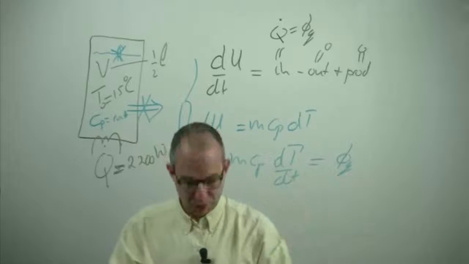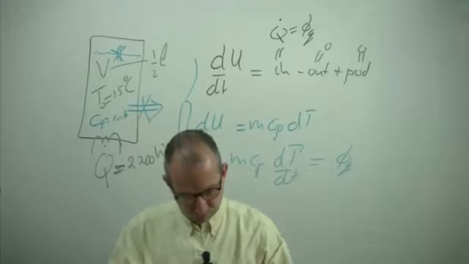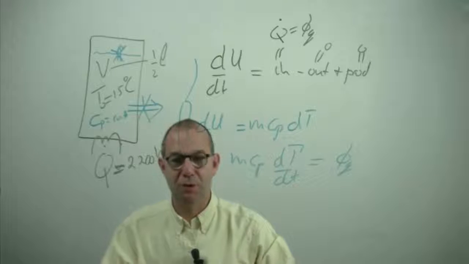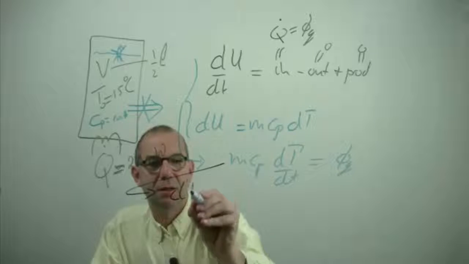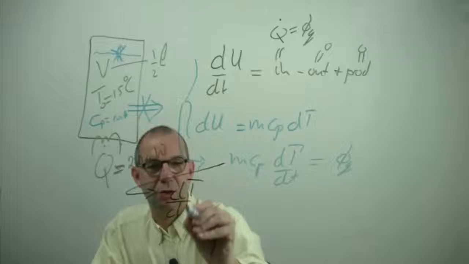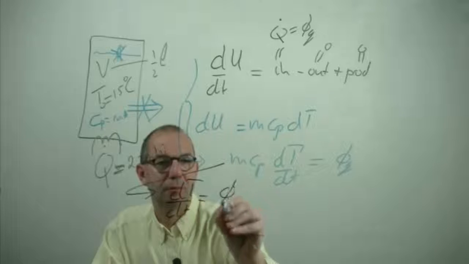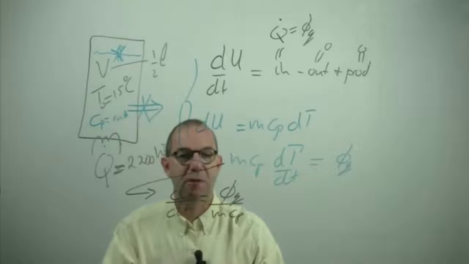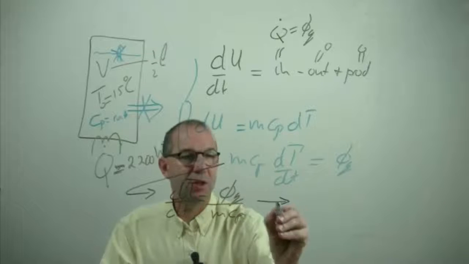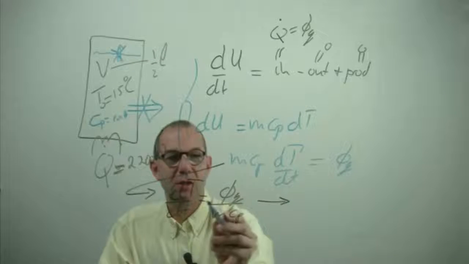This can be brought to the other side, so I can turn this into a straightforward differential equation. I'm going to write that here. That tells us how the temperature is changing over time: dT/dt equals phi Q over m and over specific heat. This is a relatively simple differential equation.